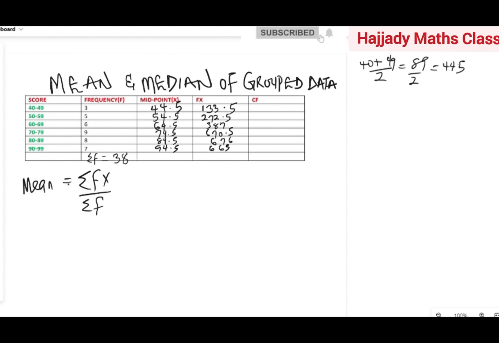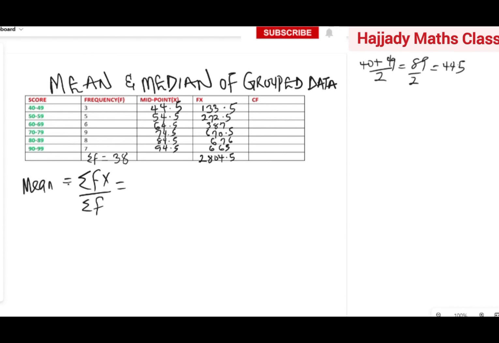Okay? So adding these together, the summation of our fx, in total is going to give us 2,804.5. So this is our summation fx.